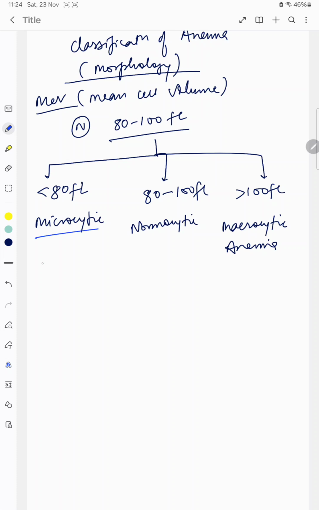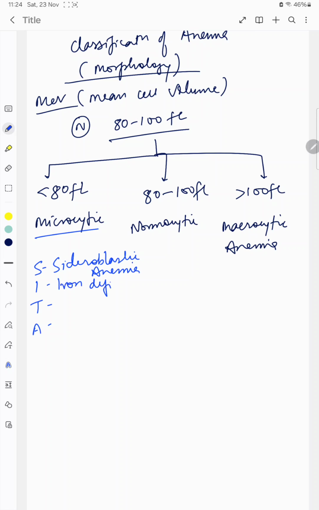In microcytic anemia, we have sideroblastic anemia. We will discuss all the anemia in detail later on.